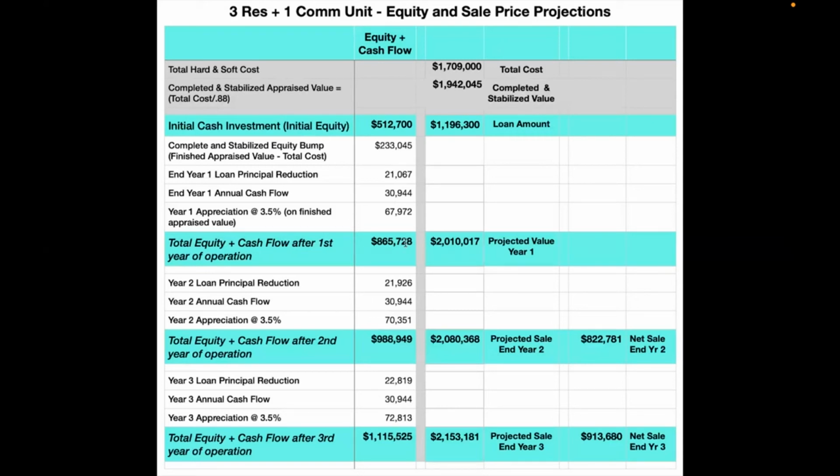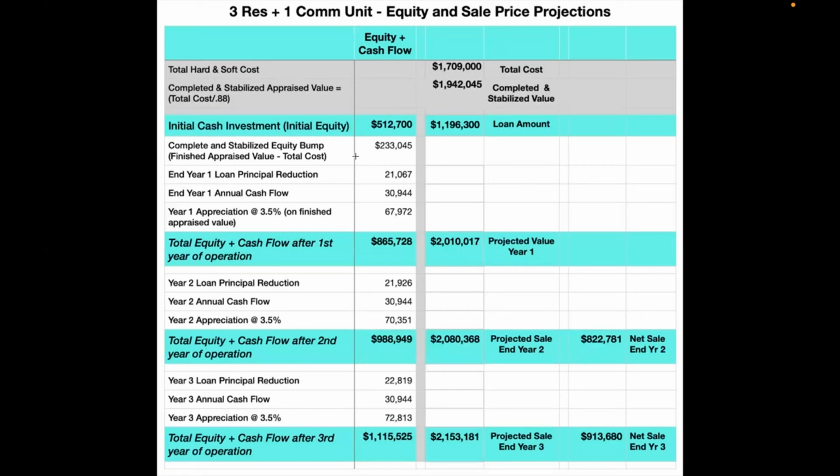So that's really this equity bump that you get here. It's basically the value you've added for building it. And again, if you were doing a renovation deal or what they call a value add deal, you would have a similar bump like that for the value that you added. Again, it would appraise out for more after it was fixed up.